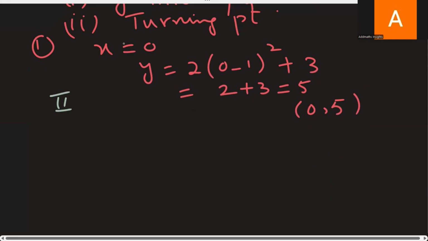Second step, turning point. The expression was 2 times x minus 1 whole squared plus 3, so you set x minus 1 equal to 0.